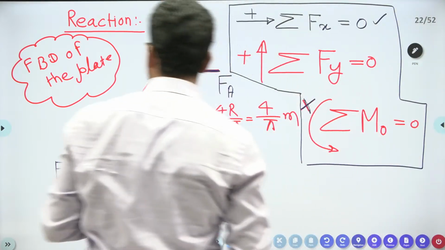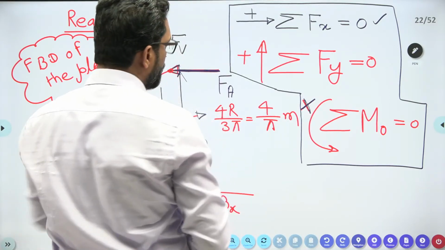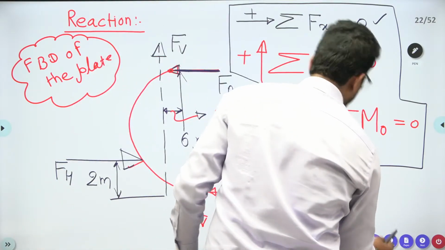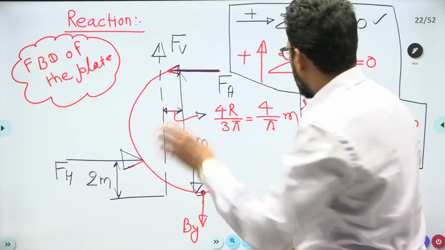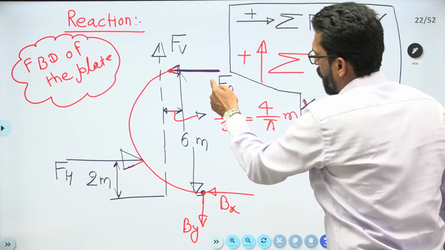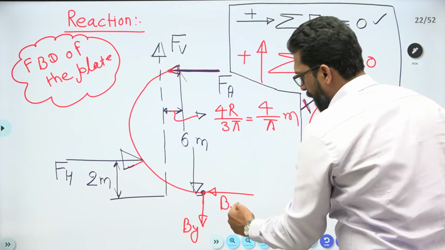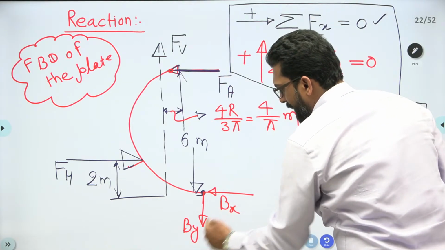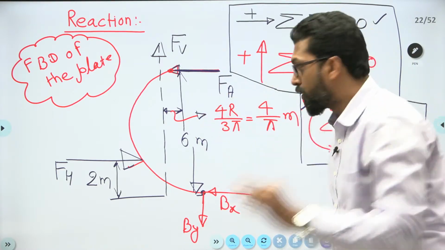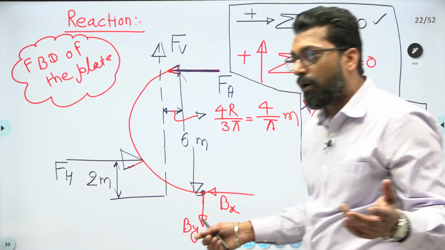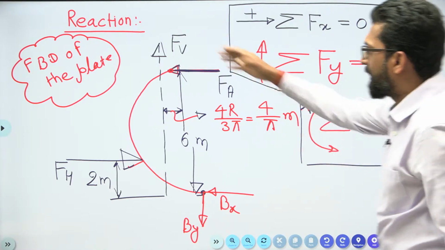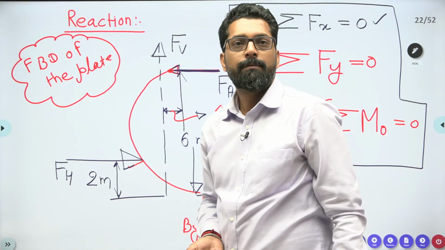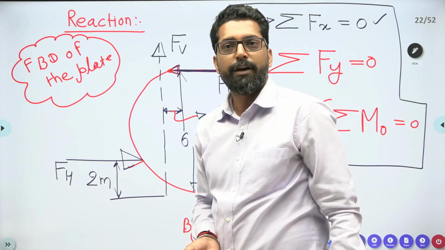You may take the first or second equilibrium condition, any one of these, and apply. There are FA, FB, Bx and By. There are three unknowns and three equations, Fx, Fy and Mo, so you can easily solve. There is no problem.